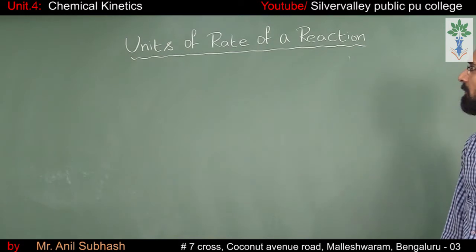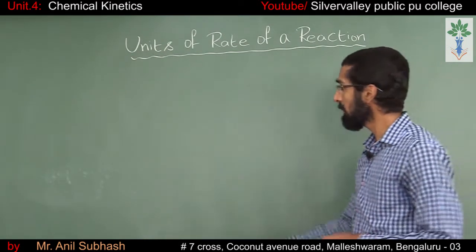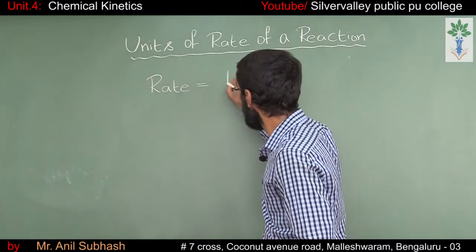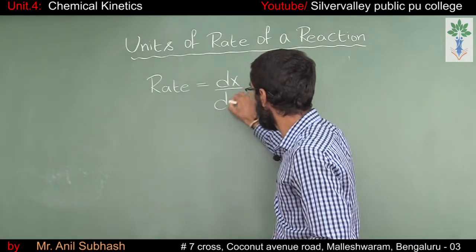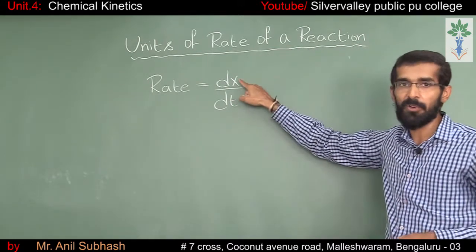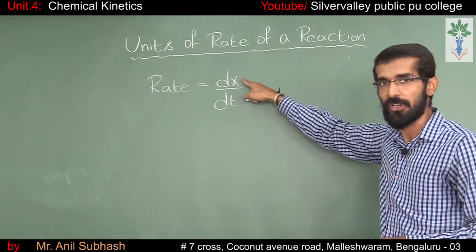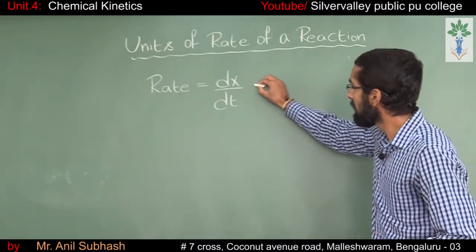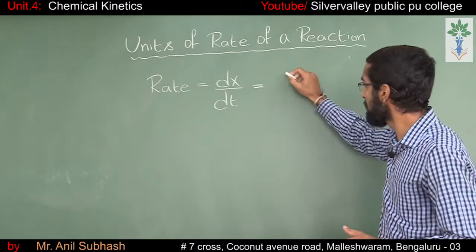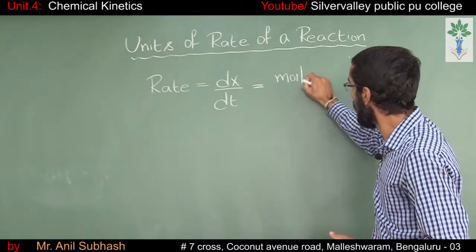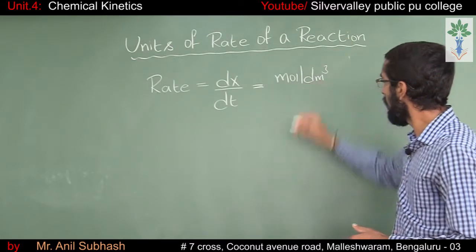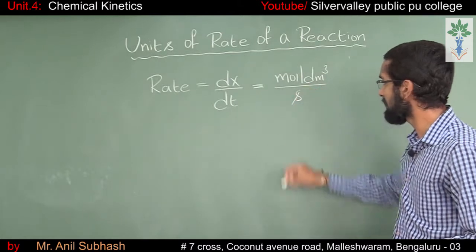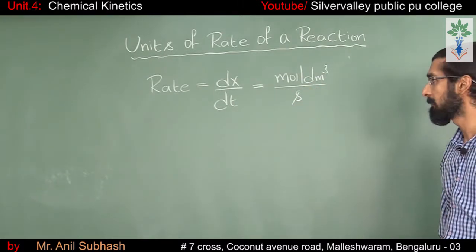Coming to the units of rate of a reaction, we all know that rate is given by dx by dt, where dx is the small change in the concentration of reactants or product and dt is a small interval of time. Concentration is usually expressed in terms of mole per dm cube or mole per liter, and time is usually expressed in terms of seconds, minutes or hours.